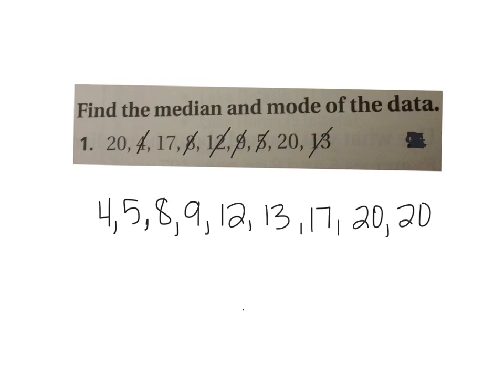Remember, the median is the middle, and the mode is the one that occurs the most often. You can tell just by looking at your data set what the mode is. You're probably noticing that 20 appears twice, and it's the only one that appears twice, so it's your mode.